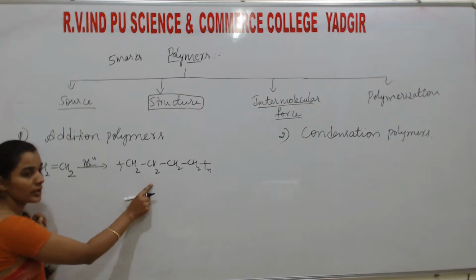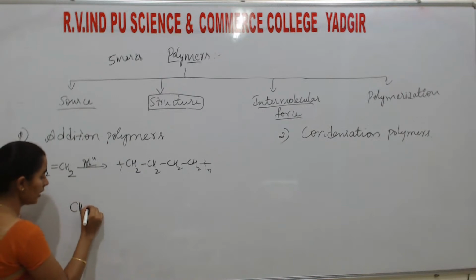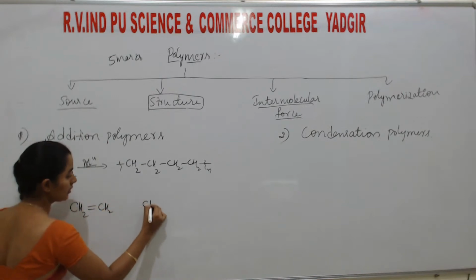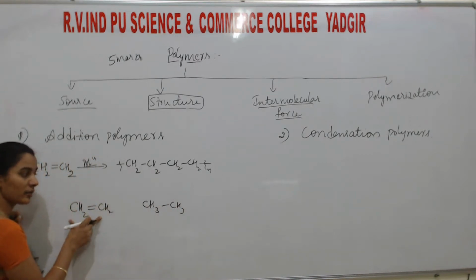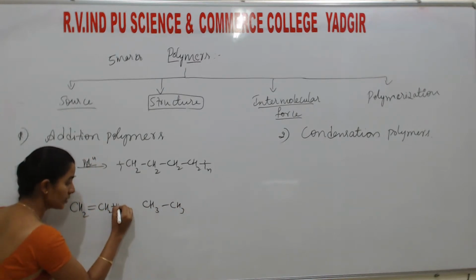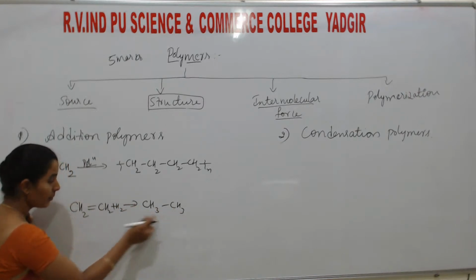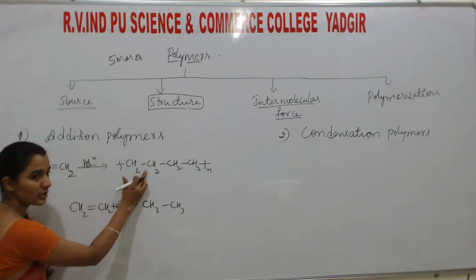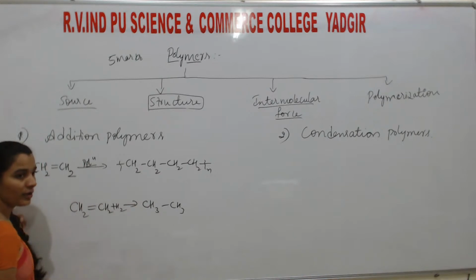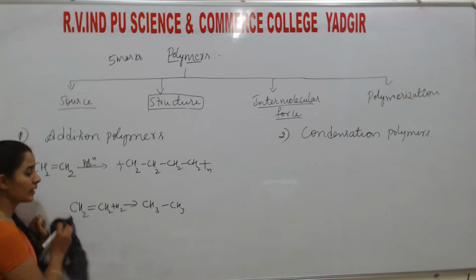When ethene becomes ethane, the double bond changes and two extra atoms are added. When H2 is added, only then it becomes CH3 single bond CH3, meaning addition has to take place. From the double bond changing to a single bond, there is the addition of a molecule. Understand? So that is addition polymerization.